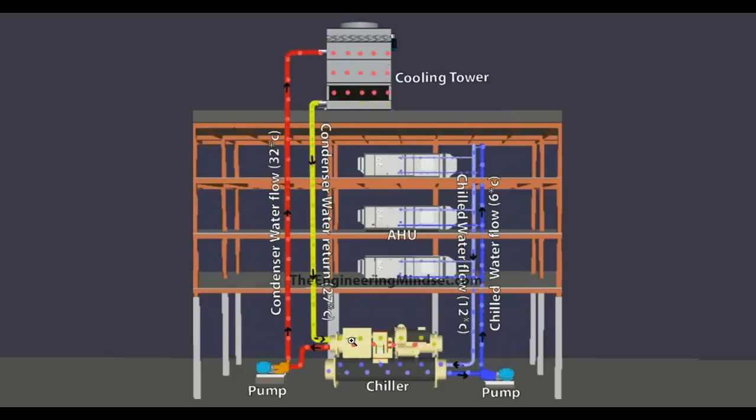The heat that is picked up in the condenser is then pushed in another circuit up to this centrifugal pump, and that is pushed up into the cooling tower, where the air is forced by a fan inside, and that dissipates and rejects the heat from the building. This water then returns at a cooler temperature. You can see it's being sent up at 32 degrees Celsius, and it's coming back at 27 degrees Celsius. So this water returns back to the condenser, ready to pick up more heat from the chilled water system and reject the heat from the building.